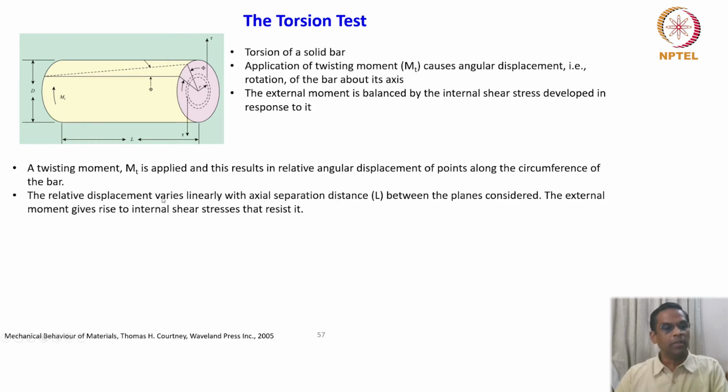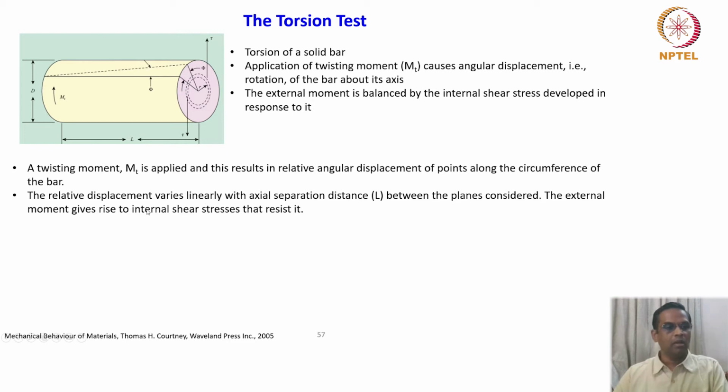And the relative displacement varies linearly with the axial separation distance. So this is the axial separation distance. We are talking about the relative displacement which is varying linearly with the distance L.